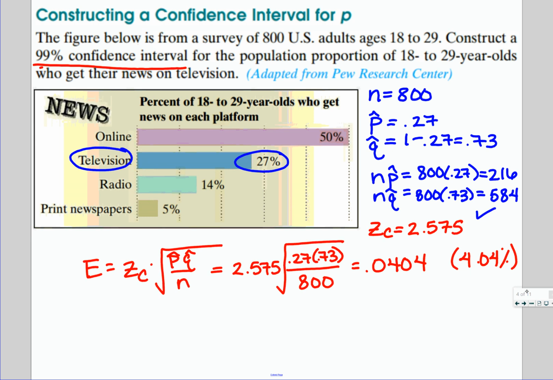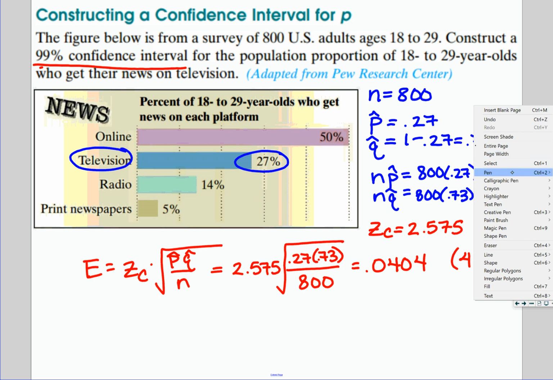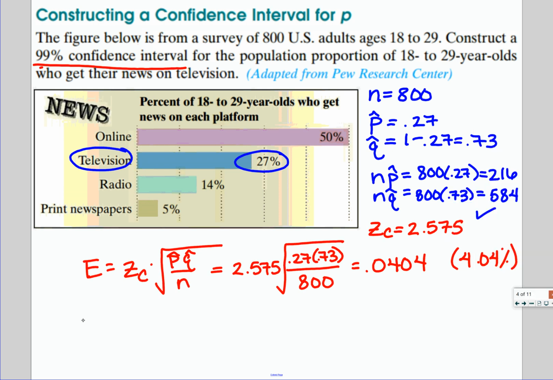So now our 99% confidence interval, we do p hat plus and minus E. When we were doing this before with the means, we did the sample mean plus and minus E. So it's always a sample statistic plus and minus E. p hat was 0.27 plus and minus 0.0404. So 27% plus and minus about 4%.